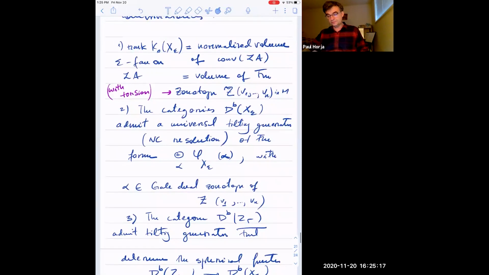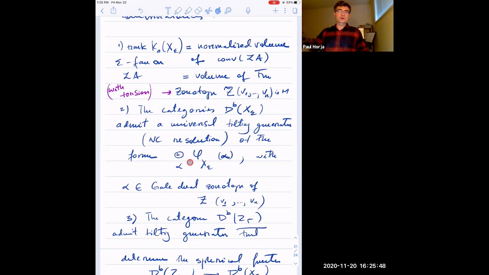So, and this is another good thing about these Lorentz varieties, that the categories admit a universal tilting generator, which these days are called non-commutative resolutions. And there is, again, a very explicit combinatorial gadget that tells you which line bundles you take here so that you get the full collection.